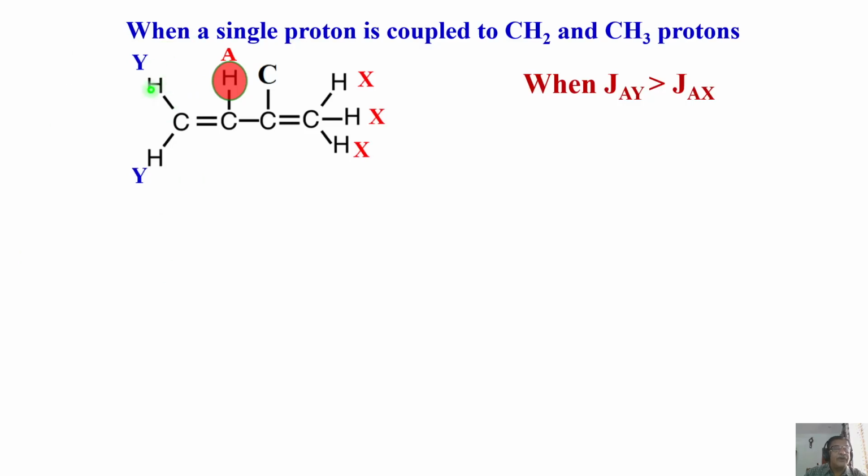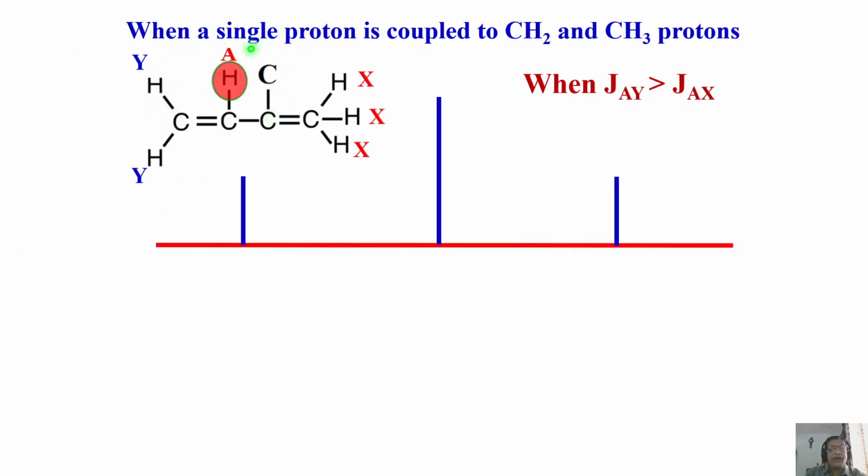There are two protons, so this will become a triplet with intensity 1:2:1. Now, this also experiences coupling with the methyl group. These three equivalent protons split each line of this triplet into a quartet again.